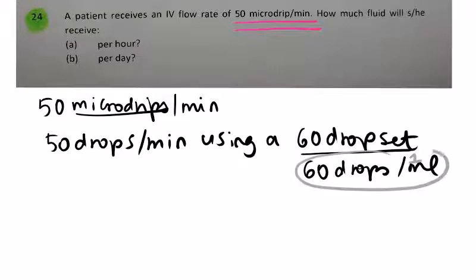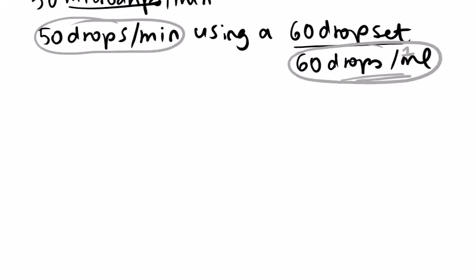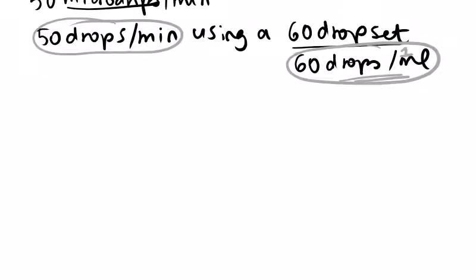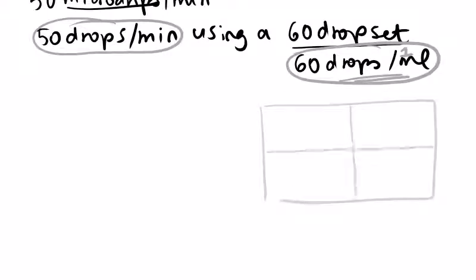So our key bits of information are the drop set and the flow rate in drops per minute. I would suggest we start with the drop set, and we can get started using a box to solve this one. So we'll place the drop set into the box. We'll say 60 drops per 1 mil.